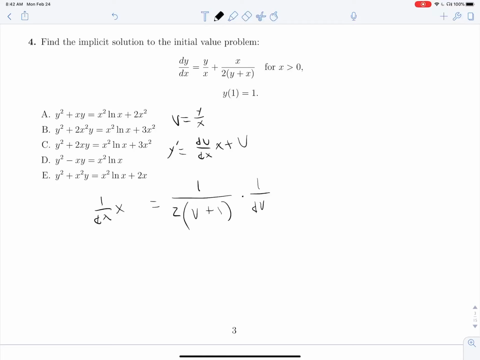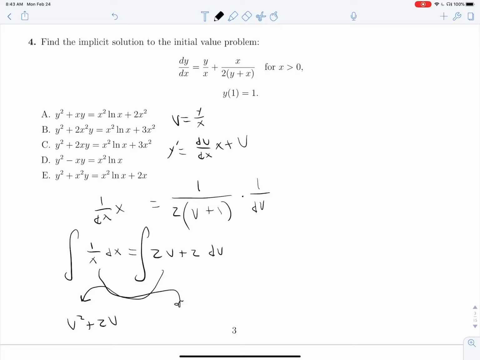So this will turn into 1 over x dx, and that's ready for integration, and 2v plus 2, distributing that 2 out, dv, and we can integrate there as well. And I'm actually going to flip our sides back order-wise, just so that we get the plus c on the side that we're used to. This integration will give us v squared plus 2v is equal to ln x plus c.